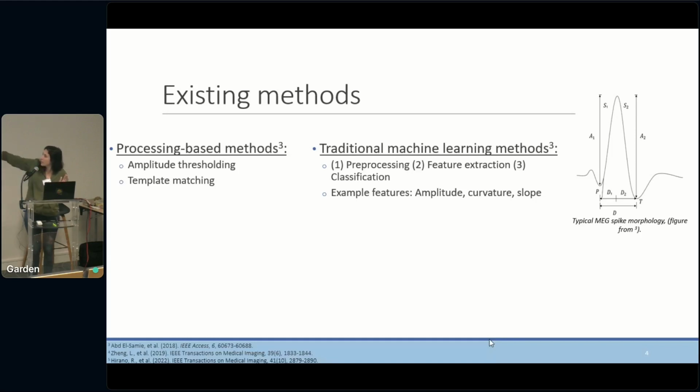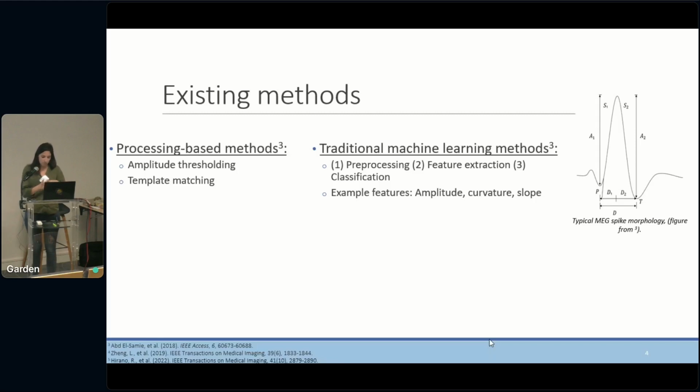You can see here on the figure, for example, we have a template of a spike. Spikes have a given amplitude, duration, etc. The first type of method, the processing-based methods, are, for example, amplitude thresholding or template matching based on the typical shape of spikes.